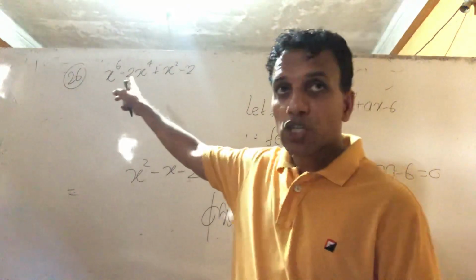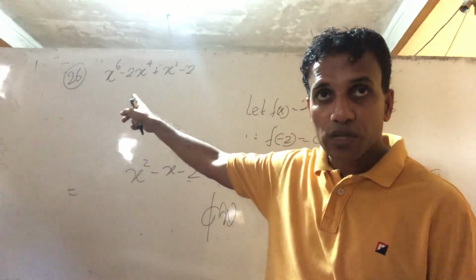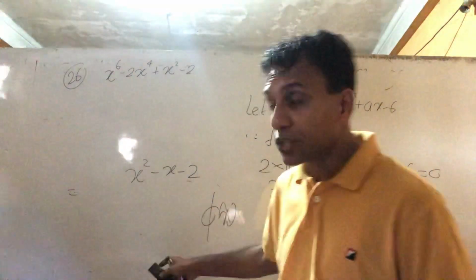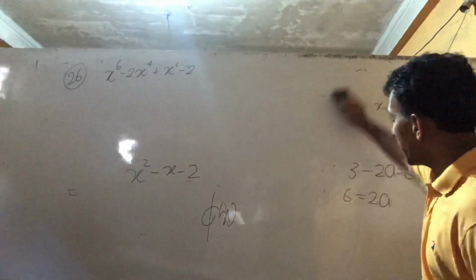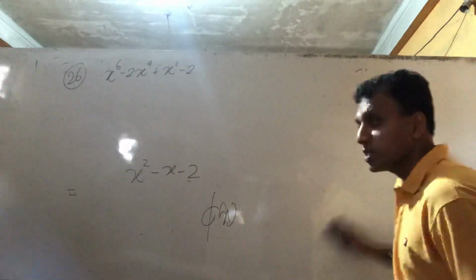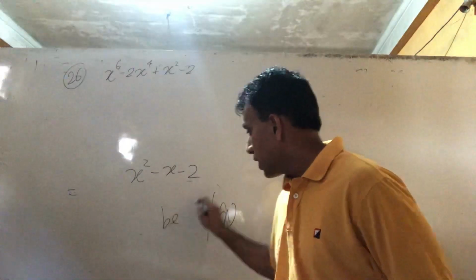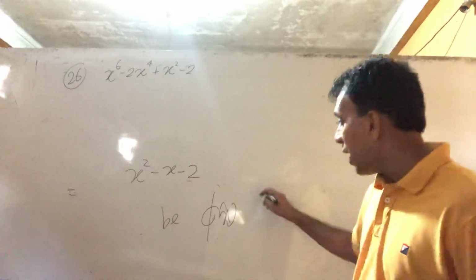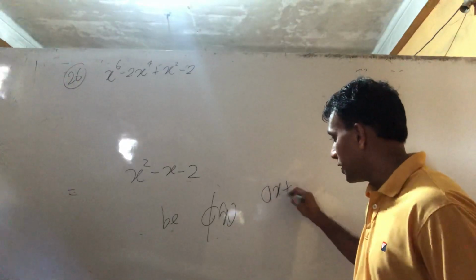If the given function is divided by x squared minus x minus 2, let the quotient be 5x, and the remainder be ax plus b.